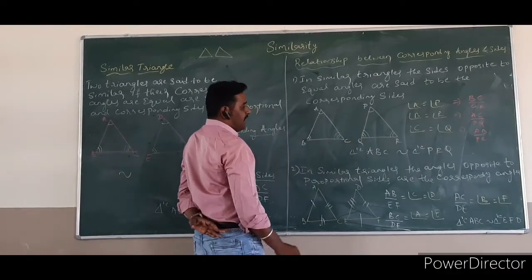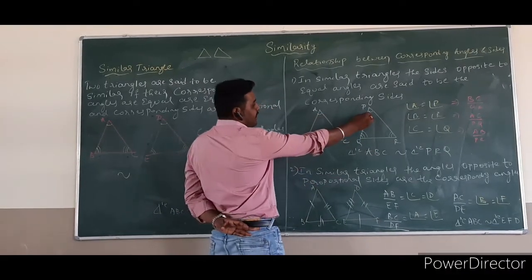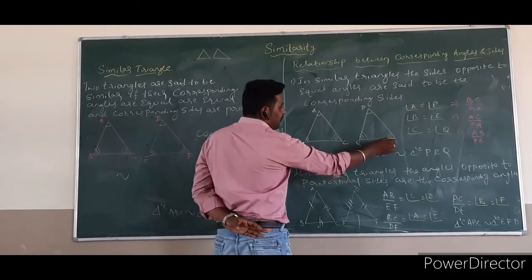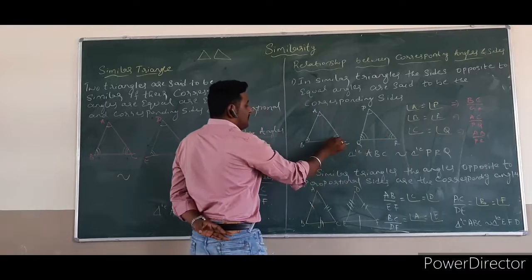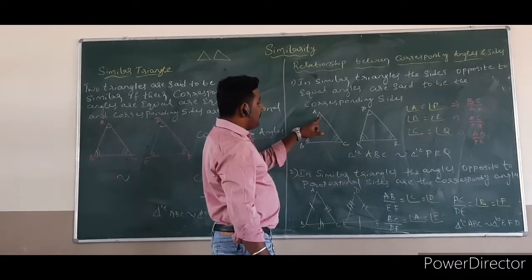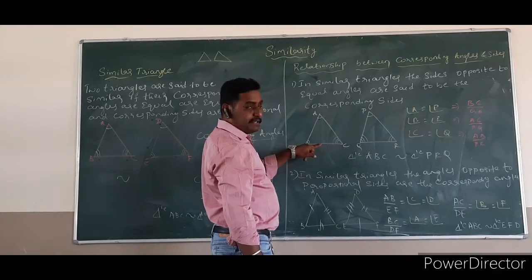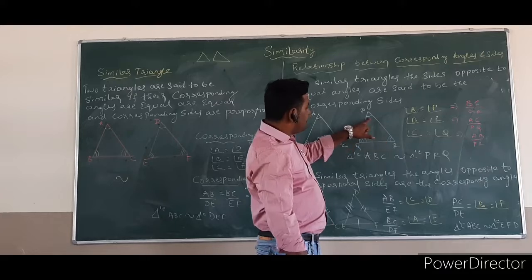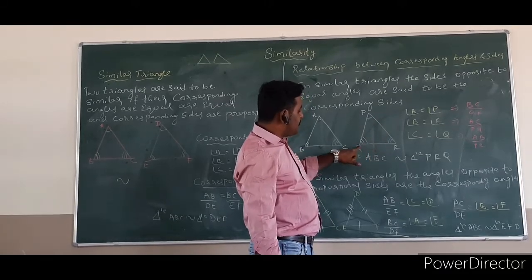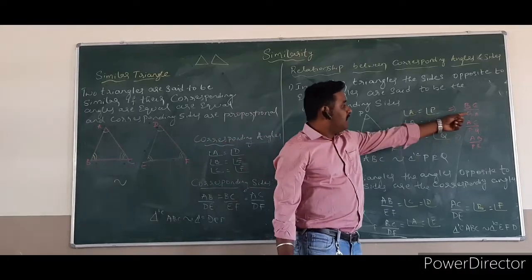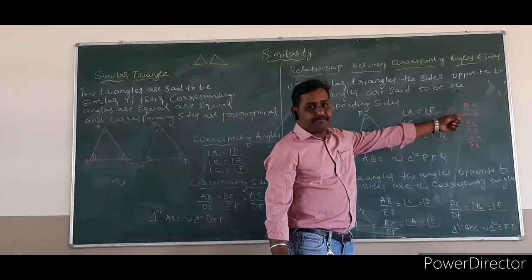Which are the equal angles? Single-marked angle A is equal to angle P, double-marked angle B is equal to angle R, triple-marked angle C is equal to angle Q. Which is the side opposite to angle A? BC. This is the corresponding side of the equal angle. Here the side opposite the single-marked angle is QR. That's why BC divided by QR is the corresponding side.